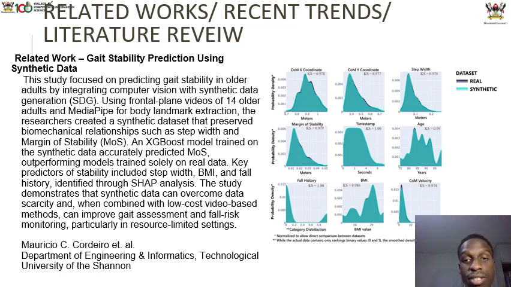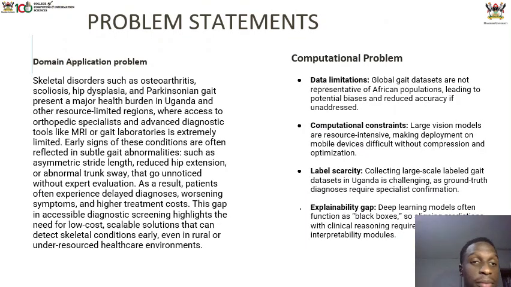The models they trained with synthetic and real data heavily outperformed the models trained just on real data. So they created synthetic data to meet the problem of little data. Next, we'll talk about the domain application problem.